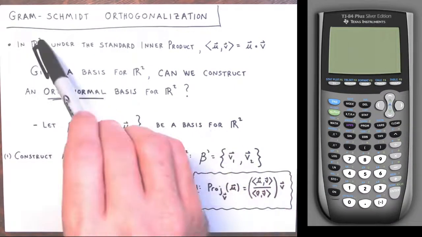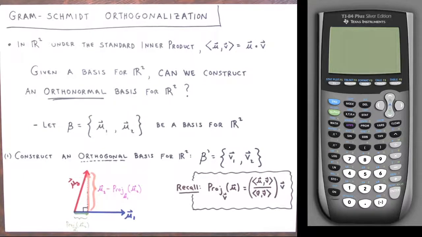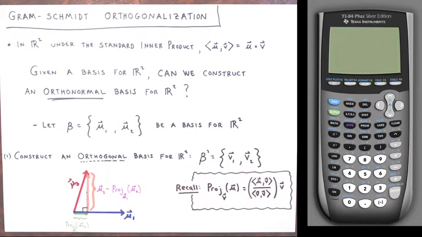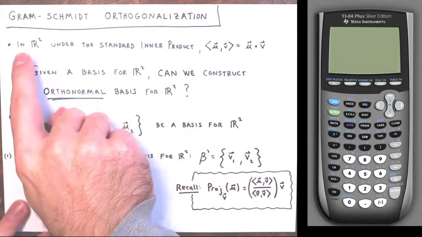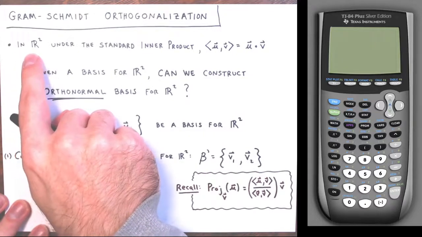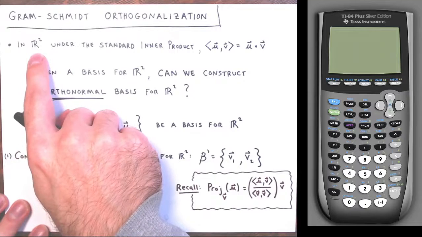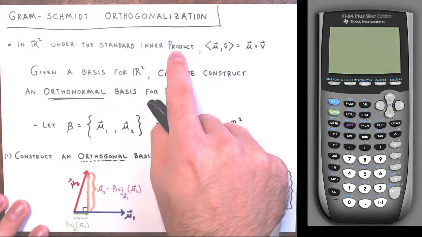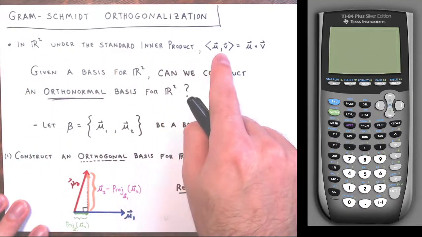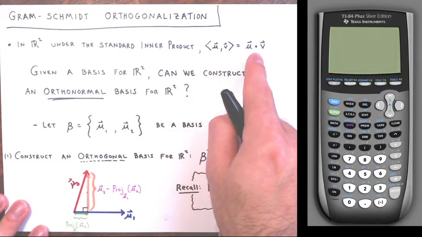So we're talking Gram-Schmidt orthogonalization or orthonormalization, or just the Gram-Schmidt process. I'm going to start off, as I mentioned earlier, in the inner product space R2, two-dimensional Euclidean space, under the standard inner product, where the inner product of two vectors is the dot product. Standard inner product, Euclidean inner product.